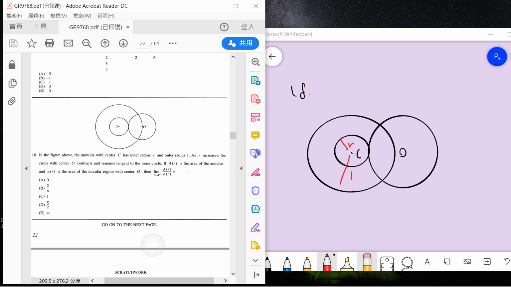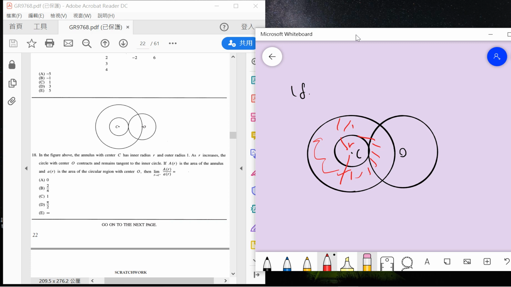If A(R) is the area of the annulus, so this is the annulus, and small a(r) is the area of the circular region with center O. I hope I understand this. It should be this. And it asks about the red divided by blue, when you take the limit as r goes to 1 minus.